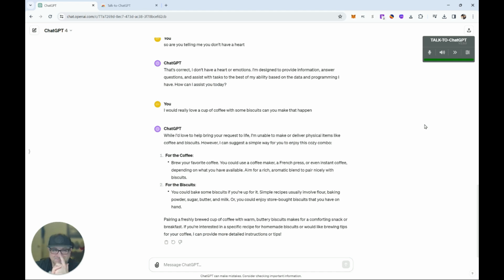Aim for a rich, aromatic blend to pair nicely with biscuits. For the biscuits, you could bake some if you're up for it. Simple recipes usually involve flour, baking powder, sugar, butter, and milk. Or, you could enjoy store-bought biscuits that you have on hand. Pairing a freshly brewed cup of coffee with warm, buttery biscuits makes for a comforting snack or breakfast.